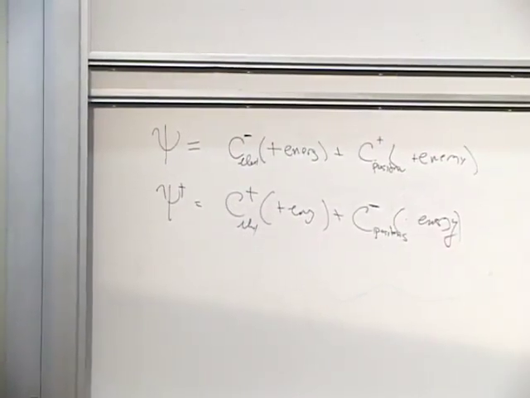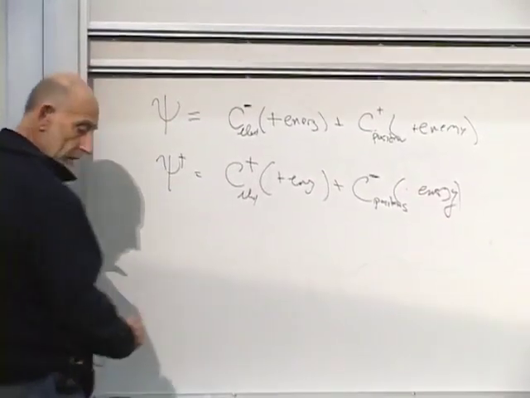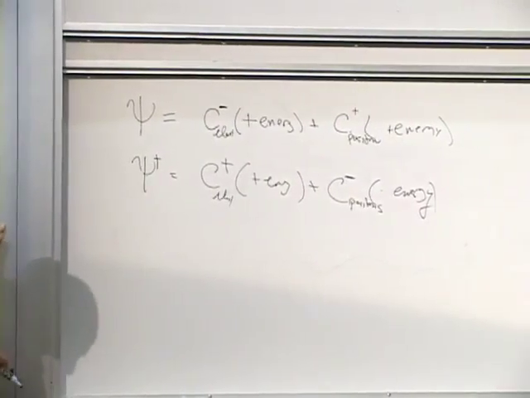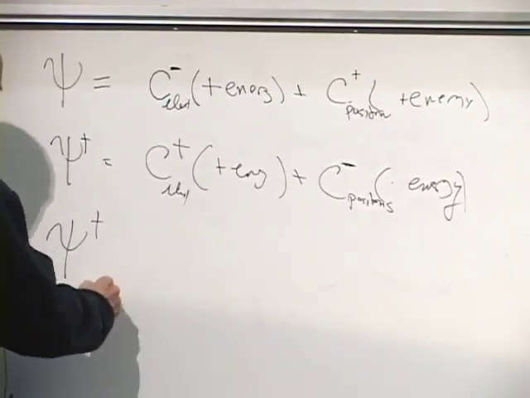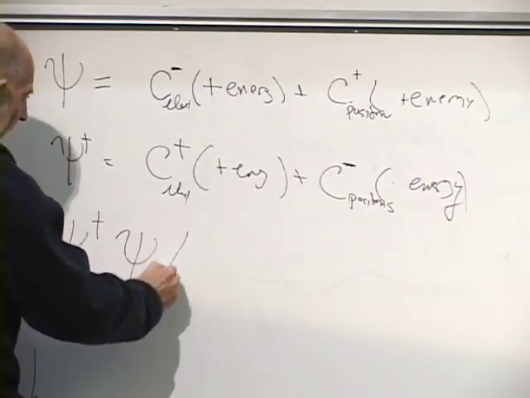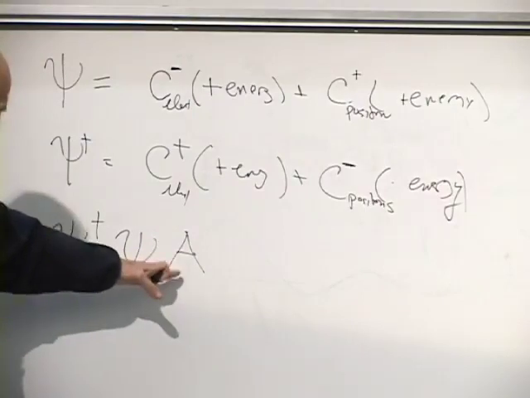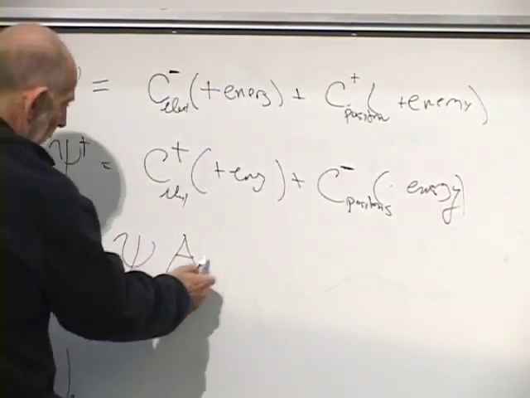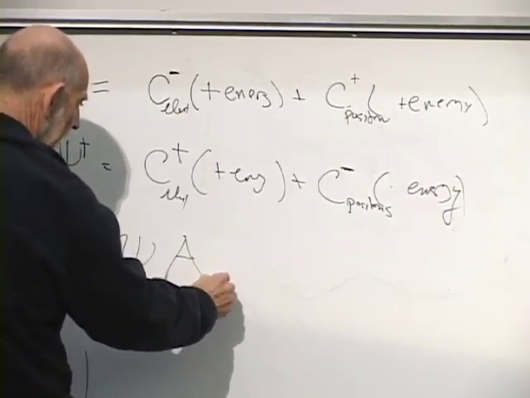Okay, so now let's write down what the basic interaction of quantum electrodynamics is. The basic interaction of quantum electrodynamics involves psi dagger, psi, and the photon field. The photon field is the electromagnetic field, the vector potential. If you want to put things in correctly, the vector potential is a vector, so it needs a vector index.